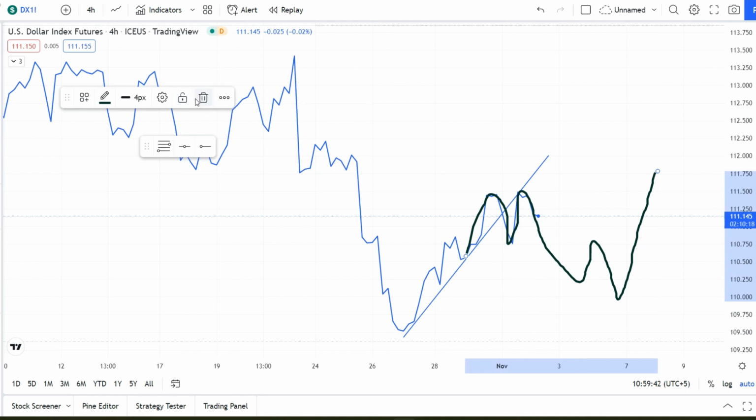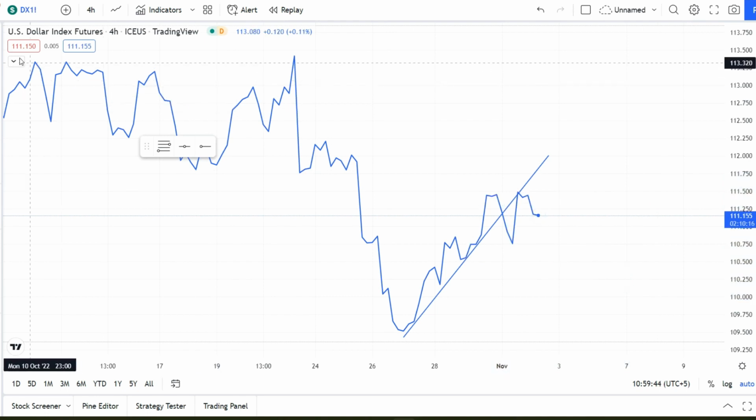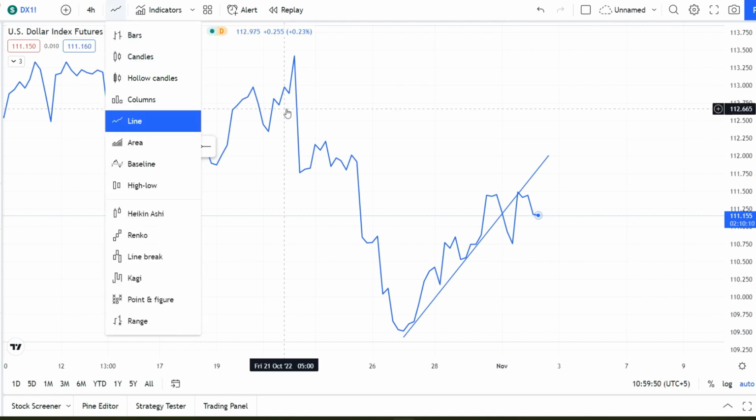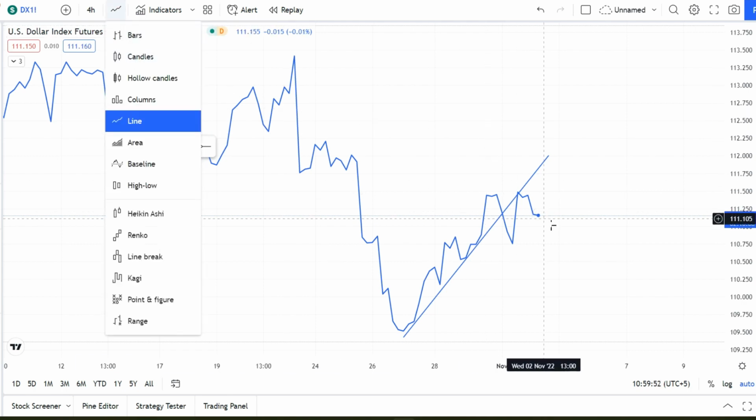So this is what I am seeing. Right now, for today, on the dollar side, it seems like the dollar will try to fall downside. Maybe it will go slightly upside, because if you check the fundamentals, the inflation rate is increasing rapidly day by day.